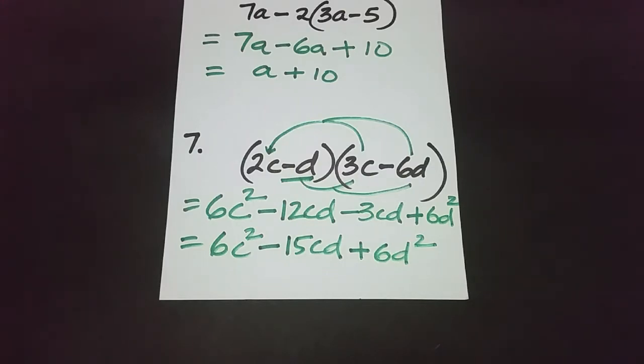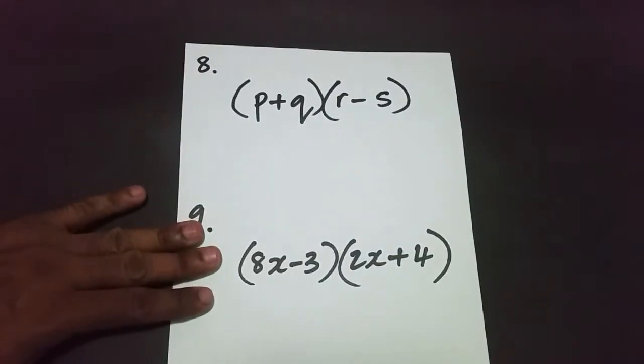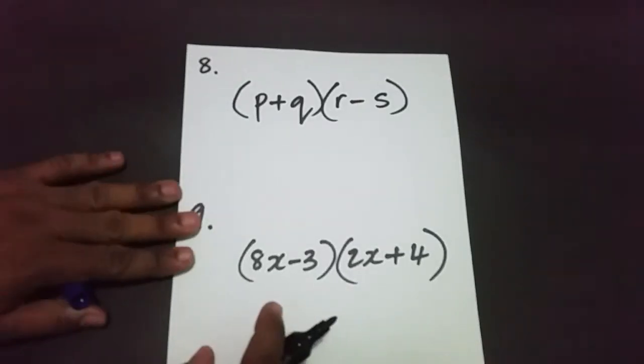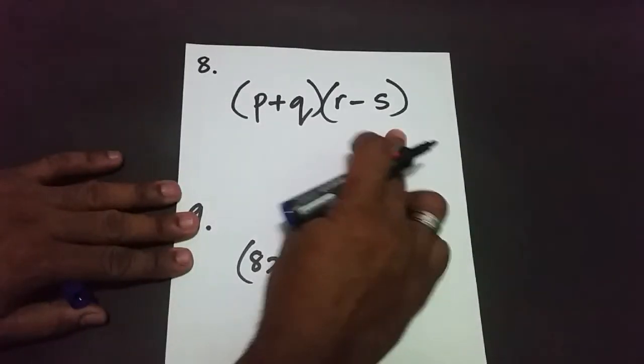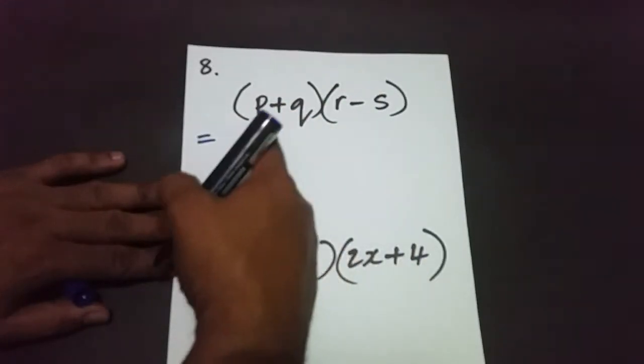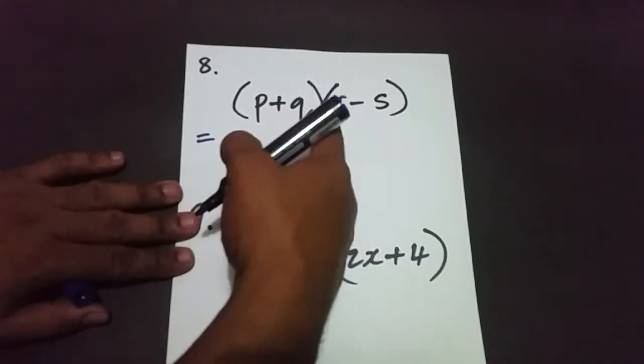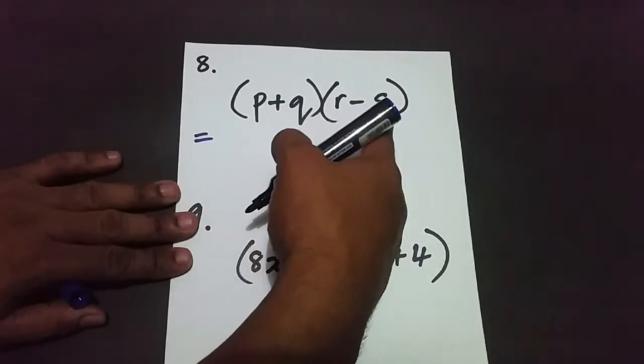Let's take a look at some more questions. Let's take a look at these two here. So question 8 says, again, product of two brackets. So we need to expand these, and again take into account the signs of the terms inside the bracket. So this is positive p, positive q, positive r, and negative s.